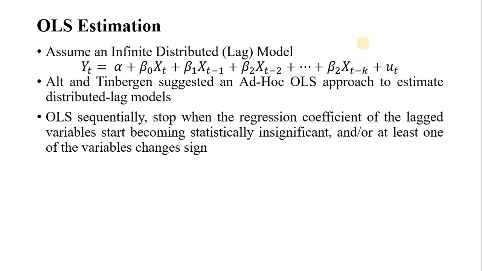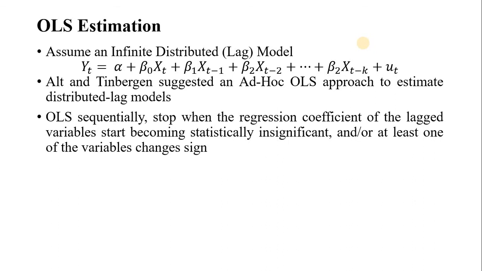What is this? Suppose we have a variable yt and xt. What is meant by doing OLS sequentially? First you do a regression of yt on xt. That's the first regression. Second, do a regression of yt on xt and xt minus 1.